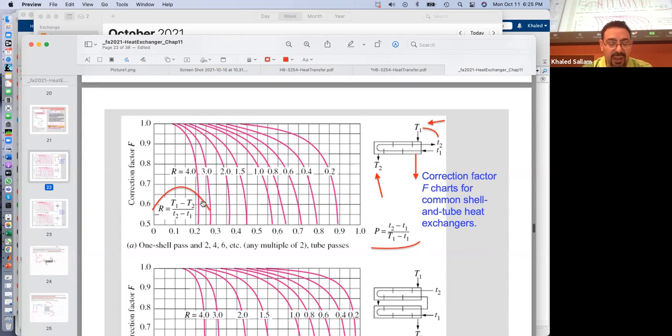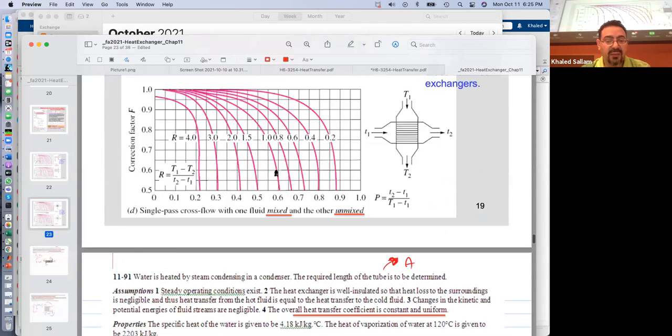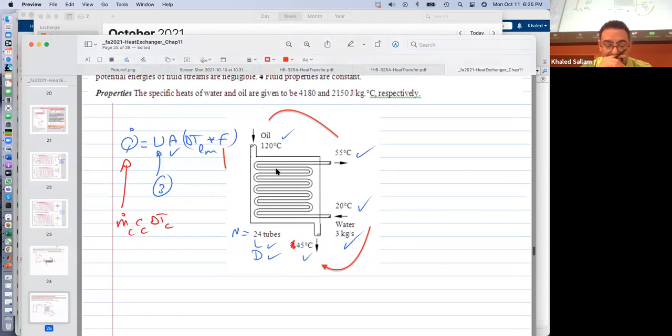And then I'll come here and fill in the blanks and find out what's my R and what's my P. P is the x-axis, R is, you see, the curve. Make sense? And that will tell us what F is for that shell and tube. Okay, so we will get this F from the chart, right? And this delta T, we got all the temperatures, we can get it, right?